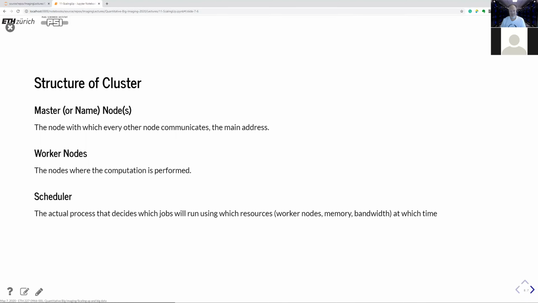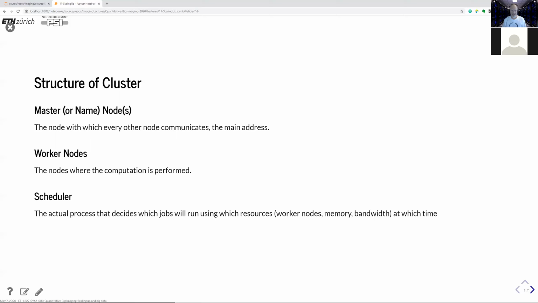So a cluster is essentially a bunch of computers, like the ones I have behind me today. And its design, or the structure, is that you have a master node, or maybe several master nodes, which are the access points to the cluster. So this is a point where people log in, and then in there you start the scheduler for your task, or you send your tasks to the scheduler.